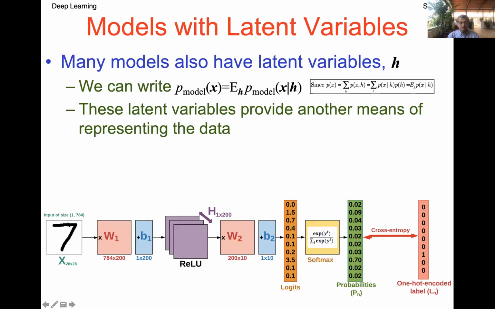We have an input. This is the MNIST actually, and it goes through a layer: the matrix W1 times the input plus a bias B1, and in this case ReLU is the activation function. So we are able to generate some set of values here, 1 by 200 values.